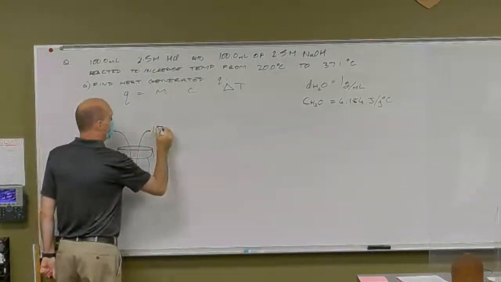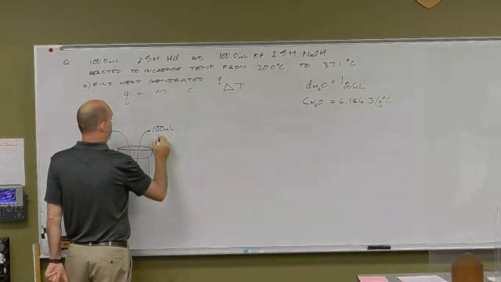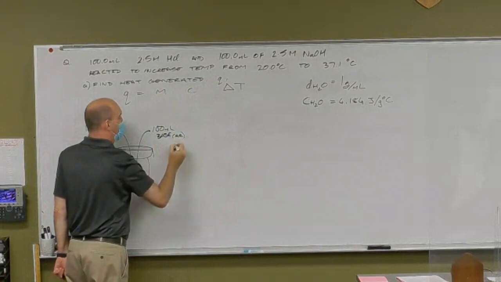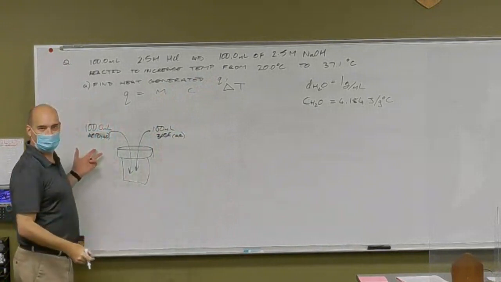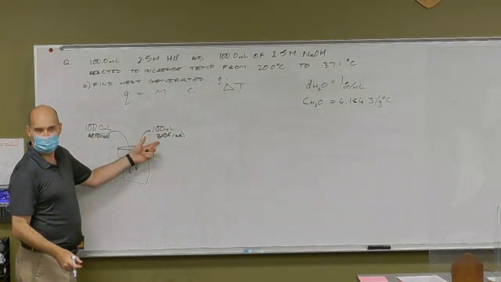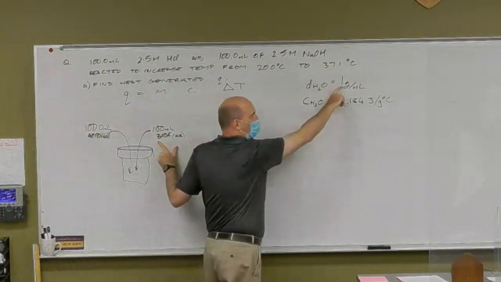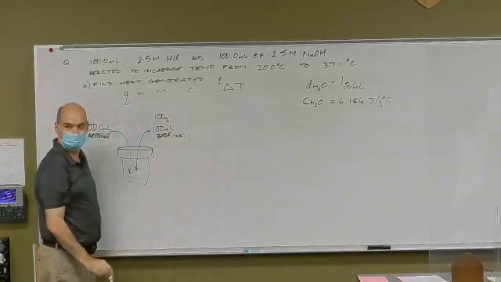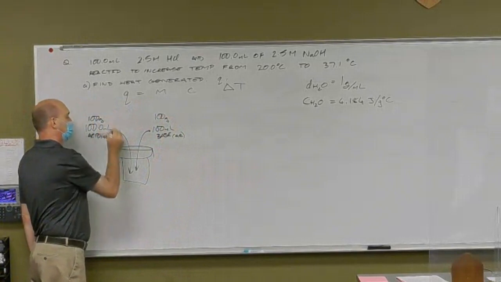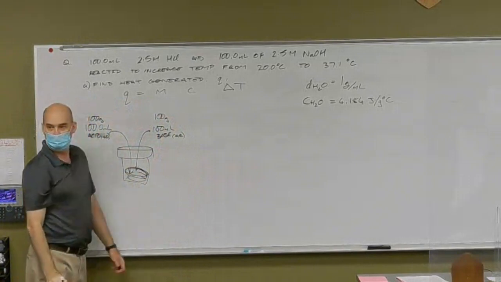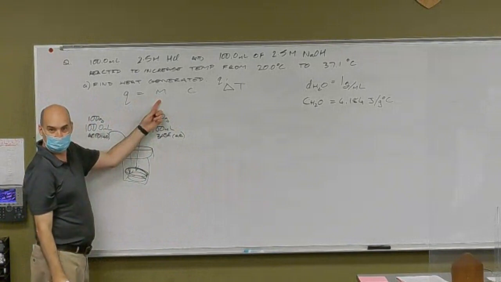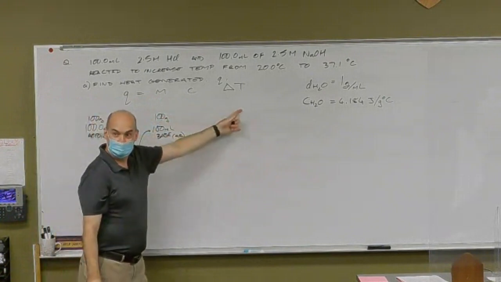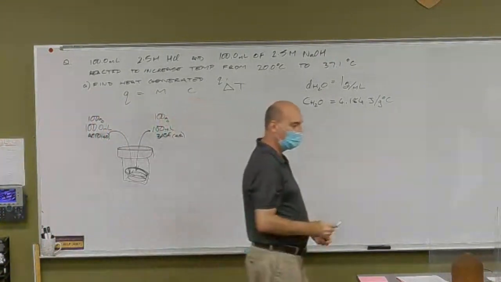And then I take 100 milliliters of base. Well, what's the base dissolved in? The base is dissolved in water. So that aq tells us this is mostly water. And 100 milliliters at 1 gram per milliliter, that's 100 grams. And this is 100 grams. So how much is in my container? 200 grams. In the question, find the value of Q.